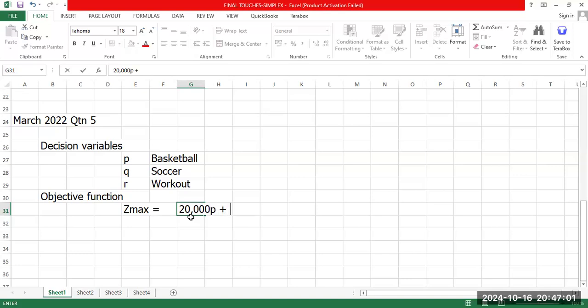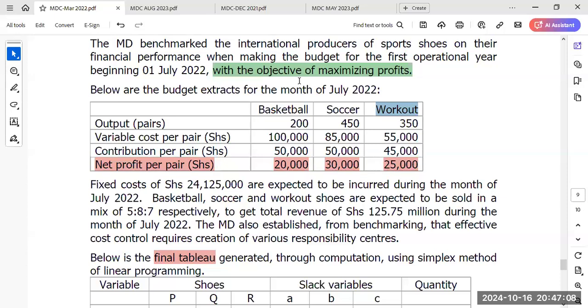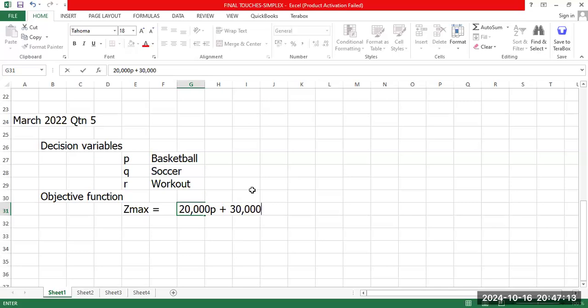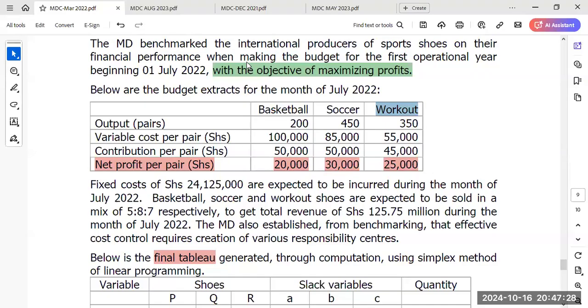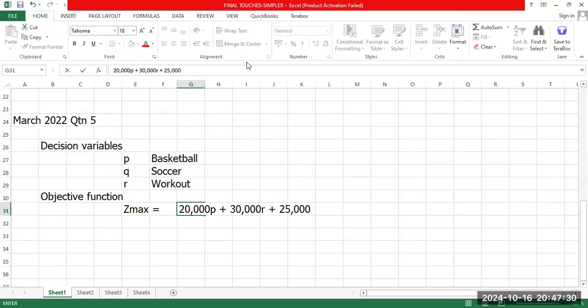So I add, for soccer, how much? For soccer, 30,000. This is Q. Then for workout, how much? Workout 25, 25,000. That is R.